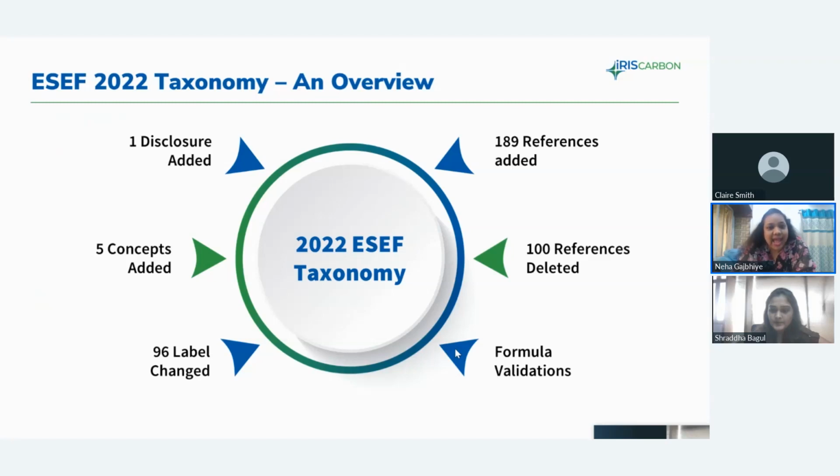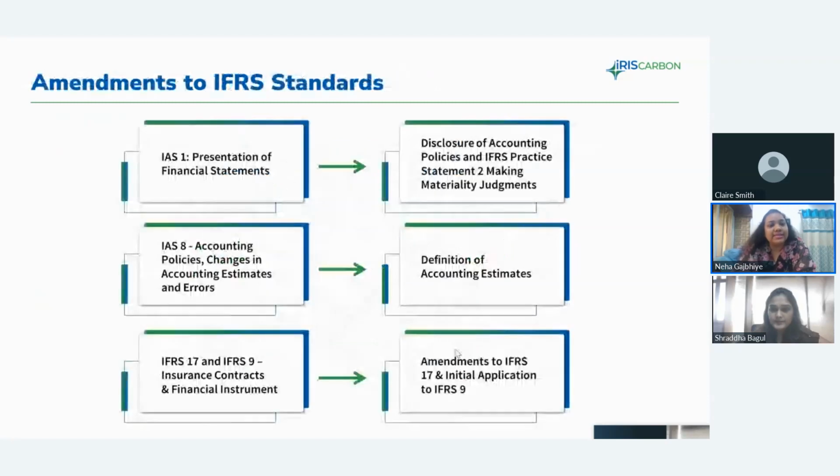All these changes happened due to changes in the IFRS standards. Now let's see what the changes in the IFRS standards are. There are changes in IAS 1, IAS 8, IFRS 17, and IFRS 9.